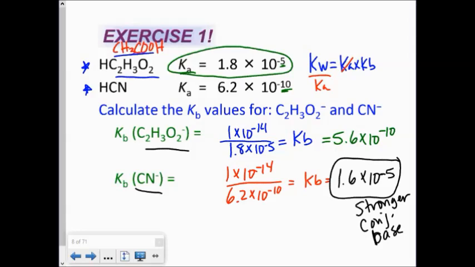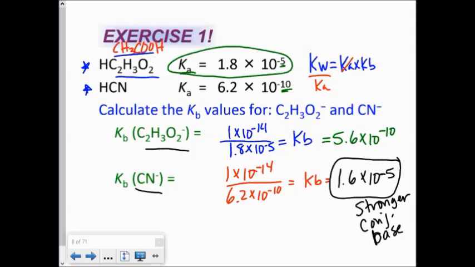If you have a stronger acid, your conjugate base will be weaker. They multiply out to get that 1 times 10 to the minus 14. If you look at the size of those values, you can tell out of the pair which one's going to be the stronger one. So acetic acid is stronger than acetate, and the cyanide is stronger than the hydrocyanic acid in terms of the pairing.